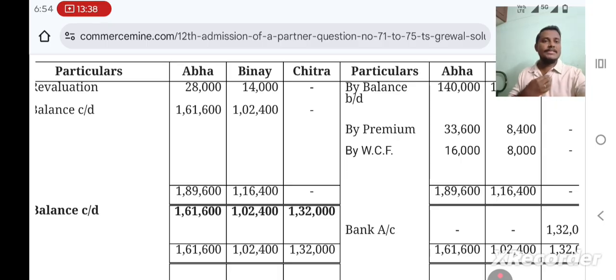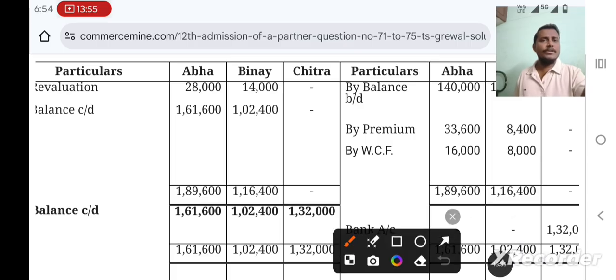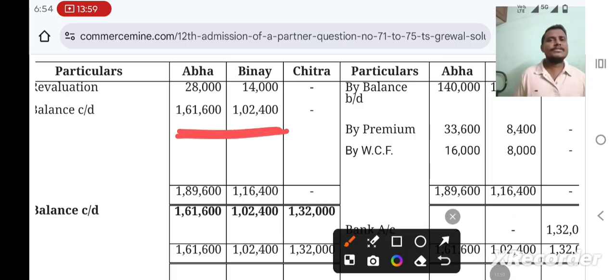So this side 1,40,000, 1,73,600, 1,89,600. Here 1,89,600 minus 28,000. The adjusted capitals for Raman and Rohit they have already found out and are showing separately: 1,61,000 plus 1,02,000, which is 2,64,000.